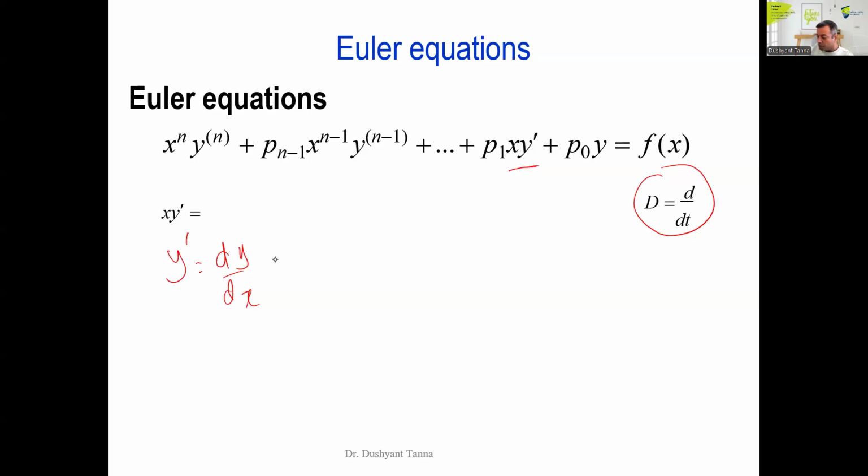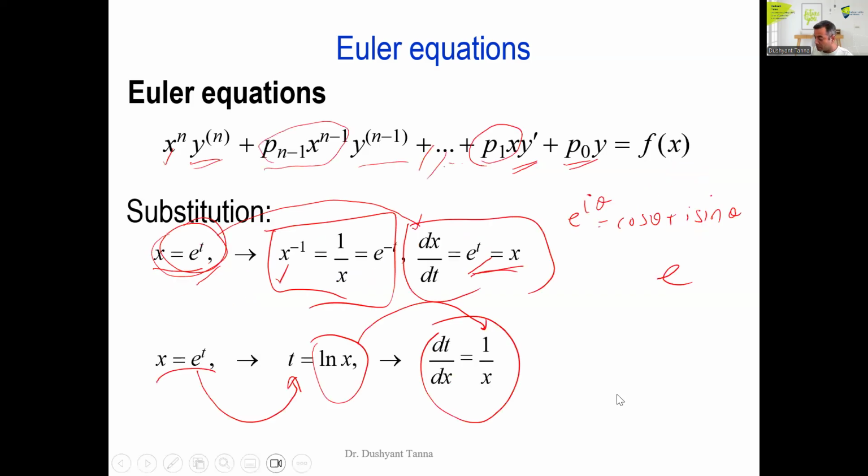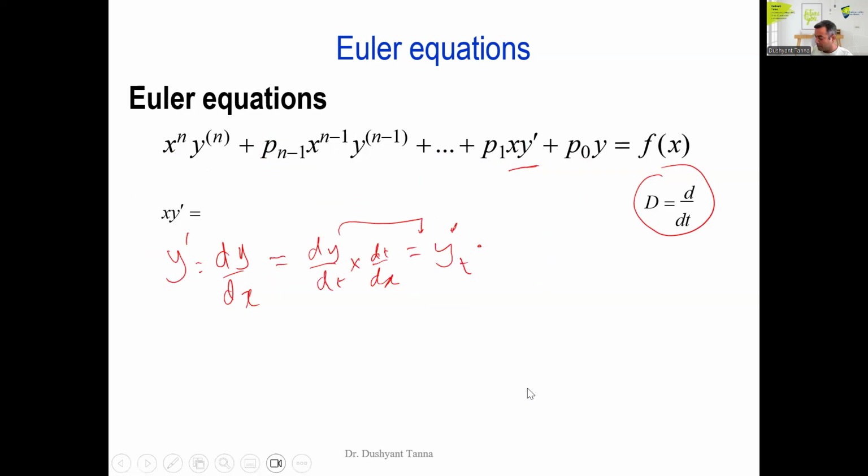Right. So what we do, we multiply and divide by dt, right? Now what is dy by dt and dt by dx? So this is y dash t. And dt by dx, if you follow the previous slide, dt by dx is 1 on x, right? Times by 1 on x.